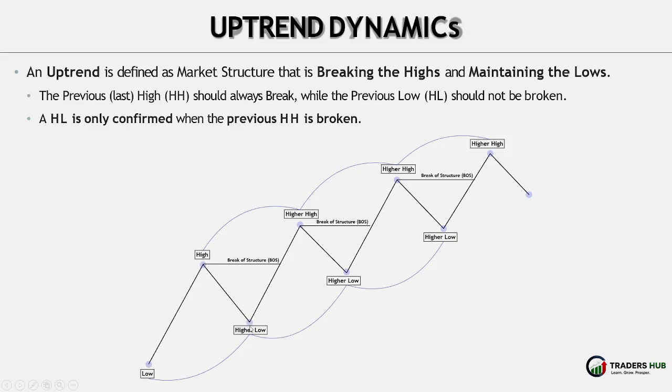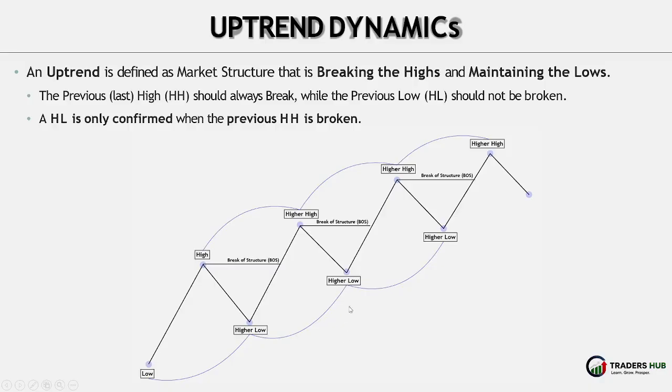Okay, and yes, this is an example of an uptrend. An uptrend is characterized by a sequence of higher highs, higher lows, higher highs, higher lows. And at no time should the higher low be broken. For instance, if this higher low broke, now the price has shifted.